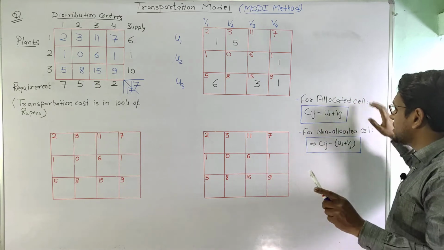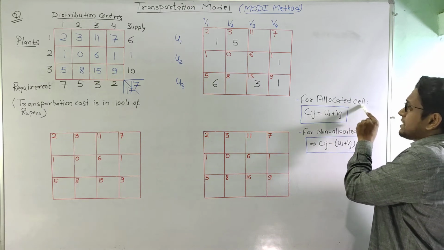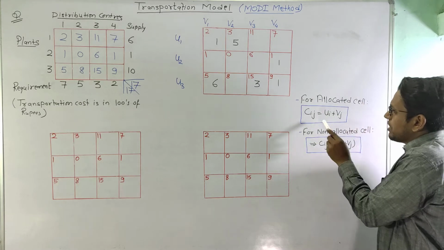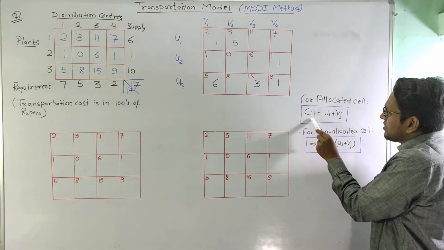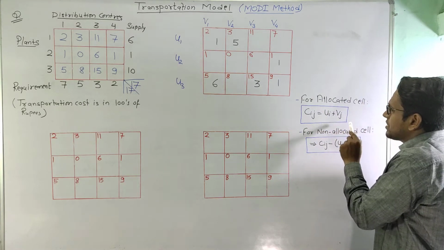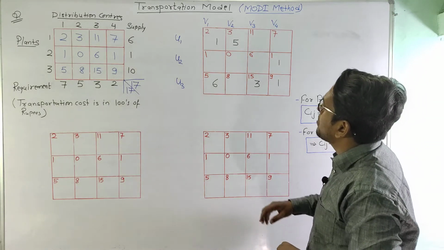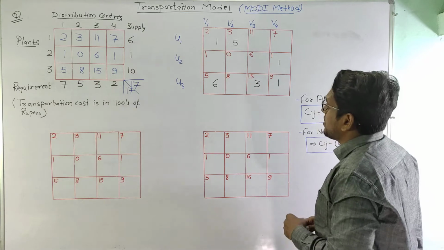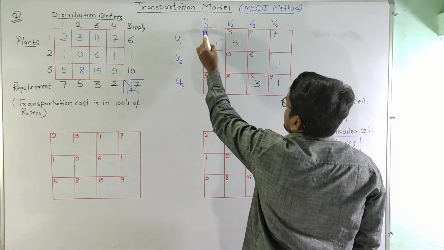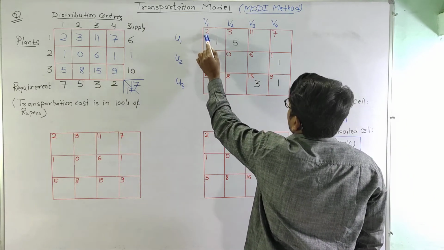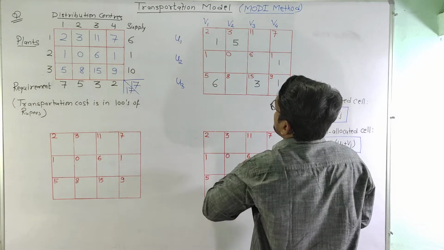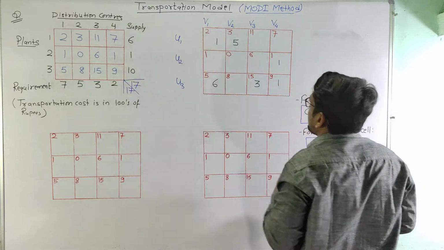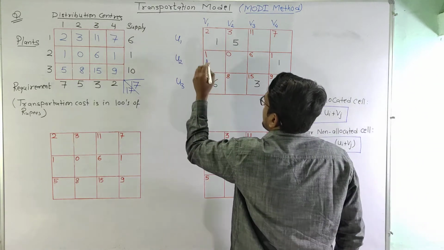For an allocated cell, or basic cell, the value of Cij is equal to ui plus vj. If I am talking about cell (1,1), this is an allocated cell. So for this cell, the unit transportation cost C11 must be equal to u1 plus v1.